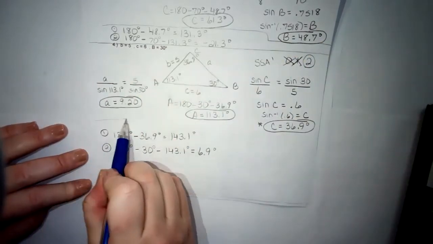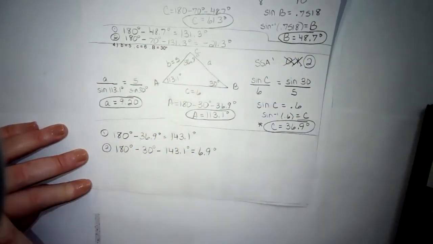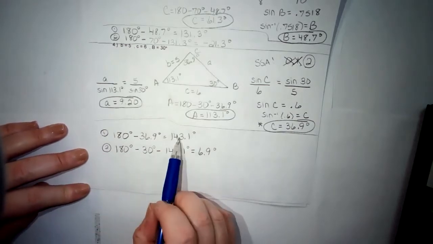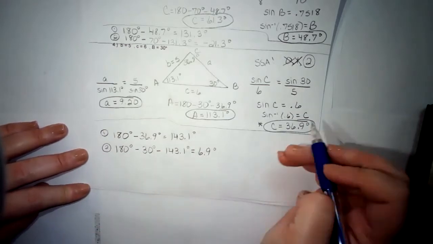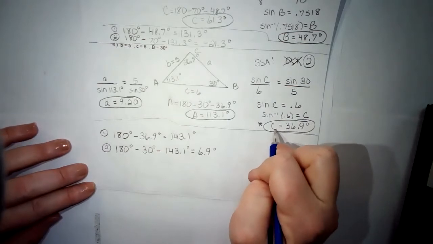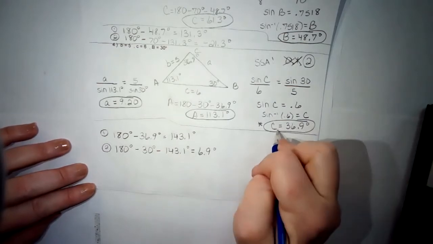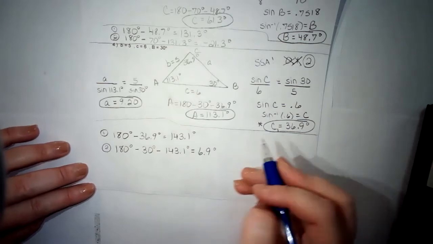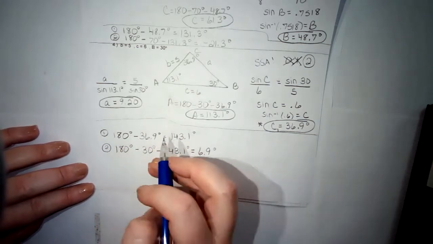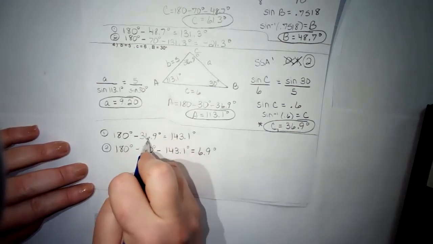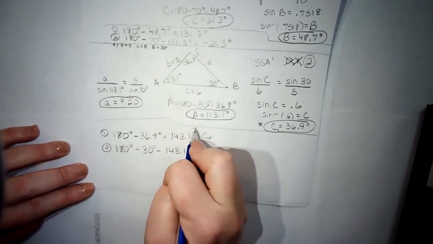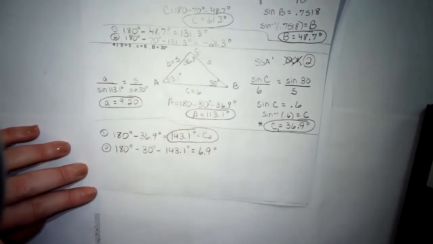So you found all your information for the 1. Now we need to find all the information for 2. So let's go back up here and see. Okay, so remember this first angle we were messing around with, C? I'm going to change his name to C1. Okay, where did we put him over here? We put him right here, right? So this angle you found here is going to be C2.